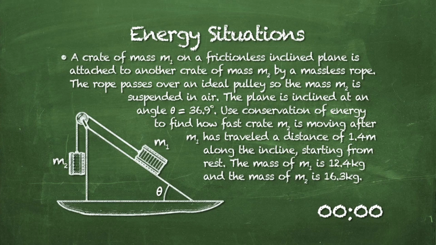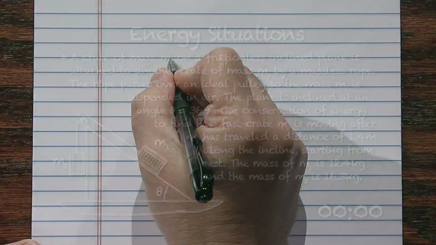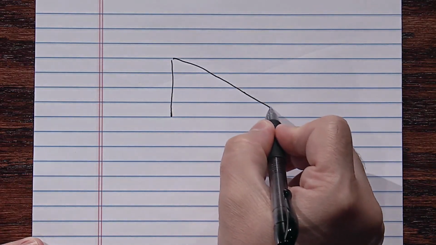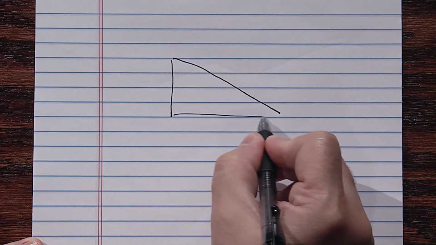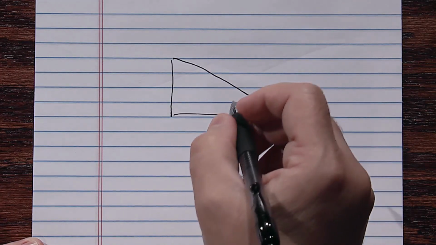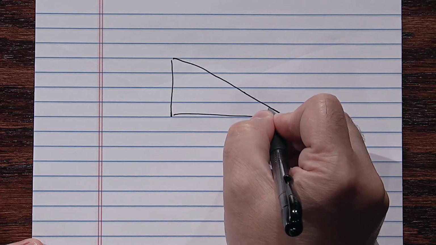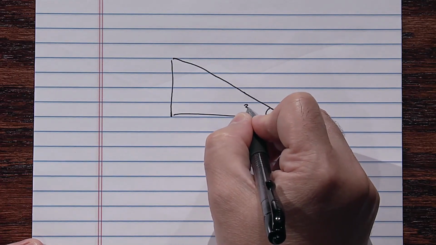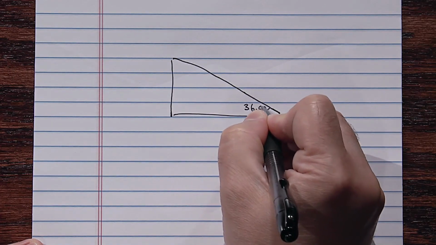Okay, let's draw our diagram. The angle of the ramp is 36.9 degrees.